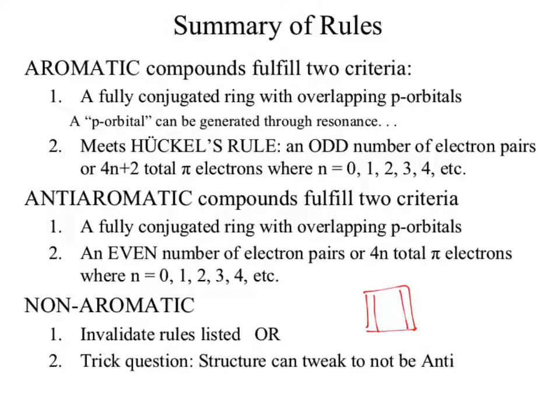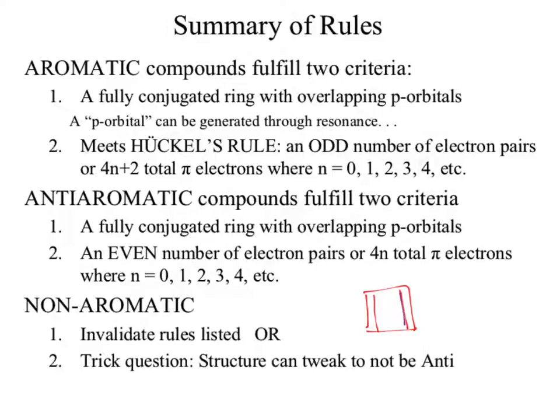We can break those rules down into their corresponding patterns and how they were derived and later used in other situations. And that's where we encounter this 4n plus 2, or for our anti-aromatic, our 4n rule. We're referencing the number of pi electrons. How many pi electrons are in that compound?